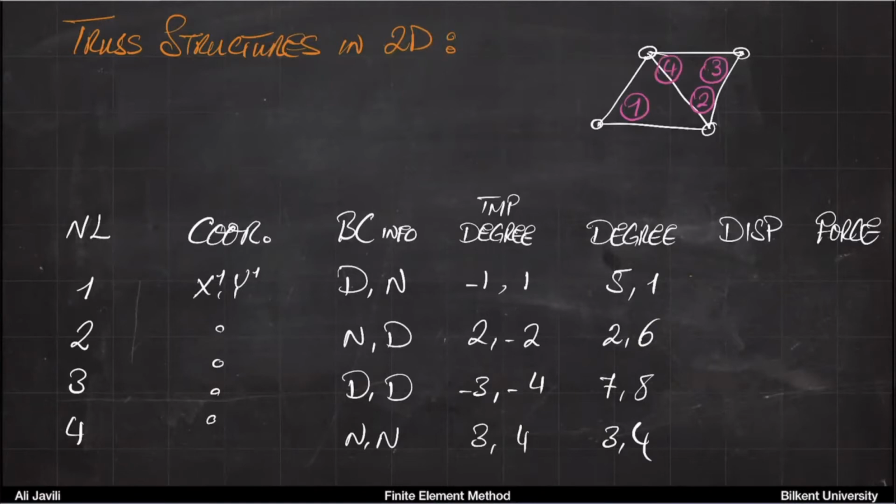At node 1, we said we want Dirichlet in X direction and Neumann in Y direction. That means the support that would do that is going to be something like this. Okay, now this makes sense.